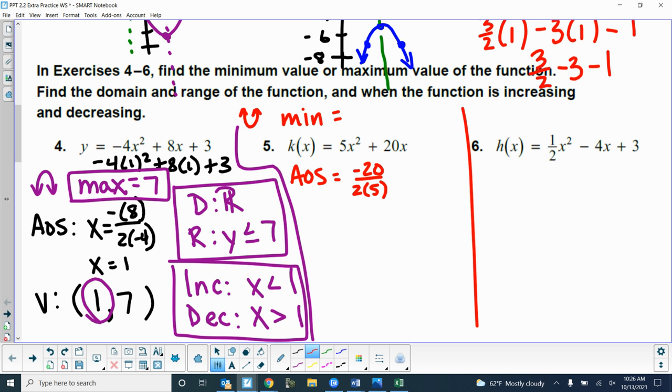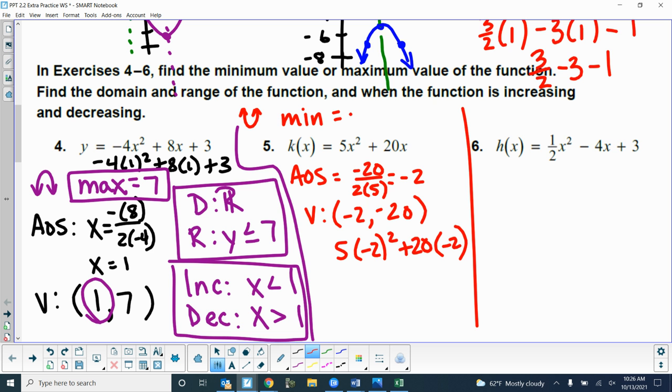What's -20 divided by 10? -2, right? So my vertex is -2 something. So 5 times -2 squared plus 20 times -2. -2 squared is 4 times 5 is 20. 20 times -2 is -40. What's 20 minus 40? -20, right? So there's my minimum value.